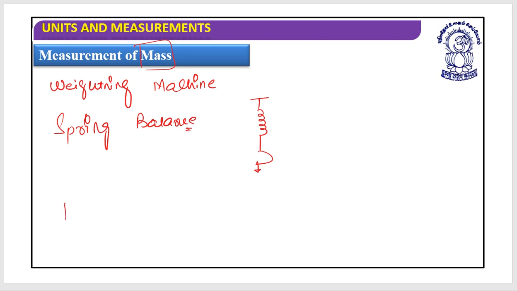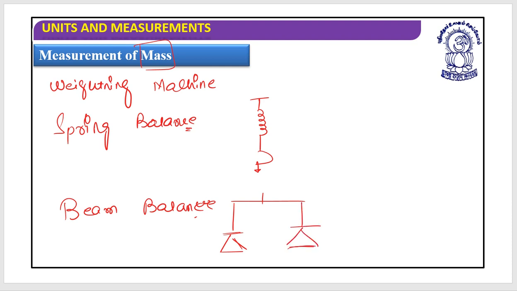One more option could be the beam balance. That is something like this. Let's say we put an object whose mass we want to measure, and here we will place standard units, and generally this is kept in a glass plate.